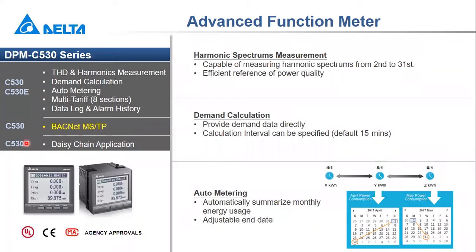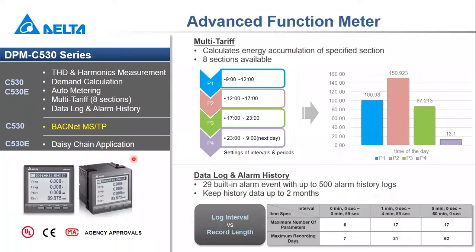And for the Ethernet type, we have the daisy chain to do the connections. For the multi-tariff, we support up to 4 sections per day. I think we can fulfill most of the regulations from different countries around the world.